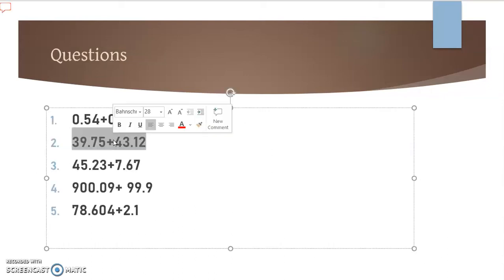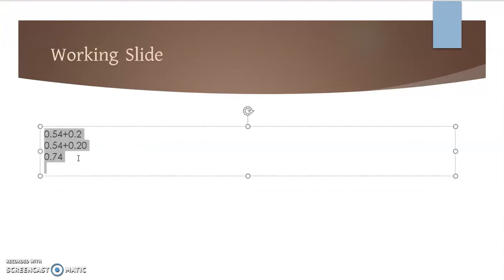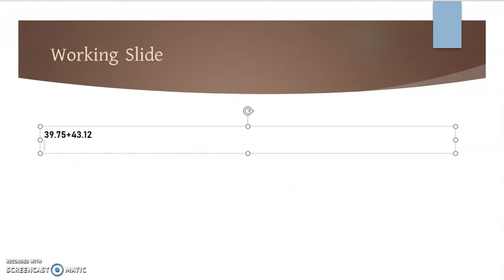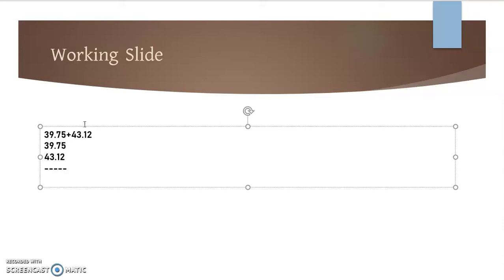Second question, we'll just copy it here. 39.75 plus 43.12. After the point there are two digits in both of these numbers, so we don't have to do anything. First we'll add 5 plus 2, 7. 7 plus 1, 8. And then we'll take the decimal point.